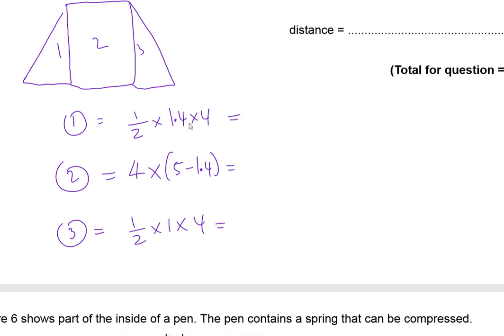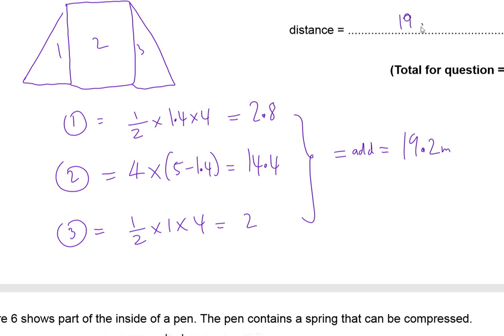Then we just plug this into the calculator. Let me use my calculator to fix this up. This is 2 point something, this is 14.14, and this is 2. The area is the distance, so we add them together, and this gives me 19.2 meters. So the answer is 19.2 meters.